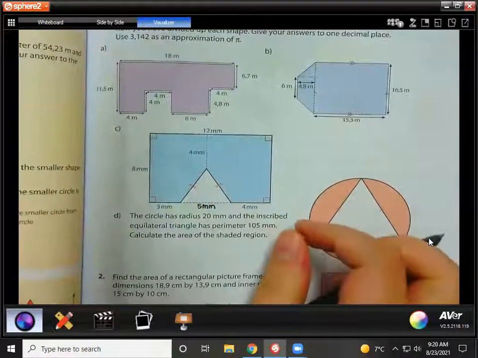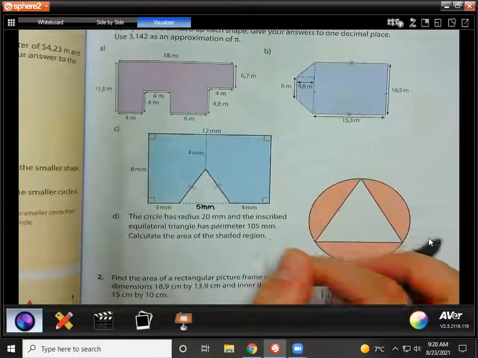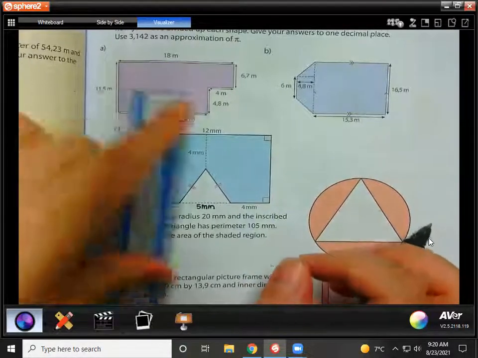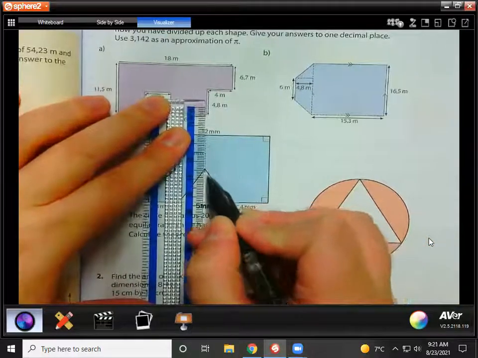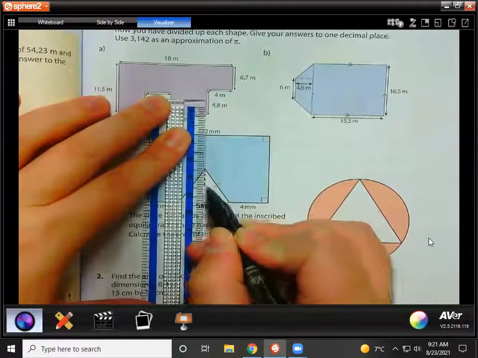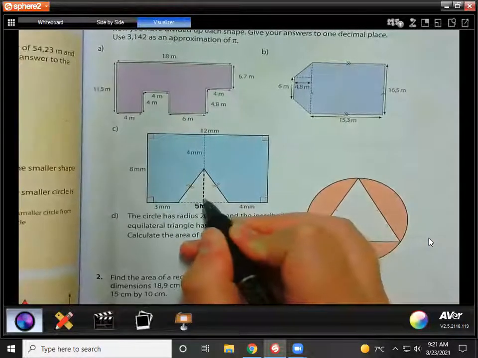Now when you have an isosceles triangle, the perpendicular height of that triangle will always be from, obviously, the top corner there. All right.